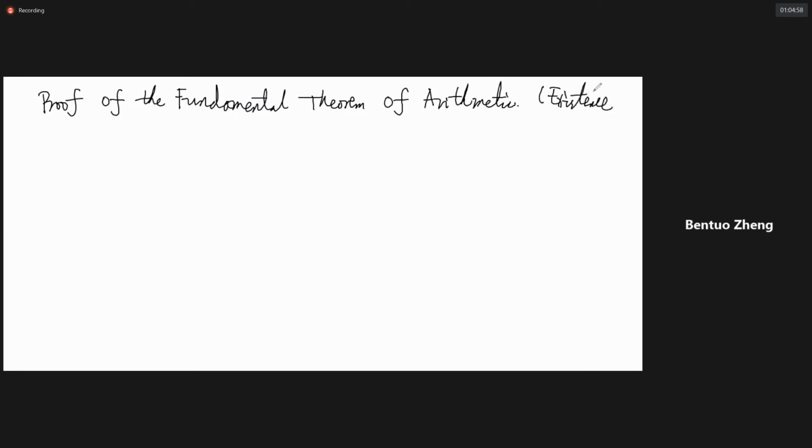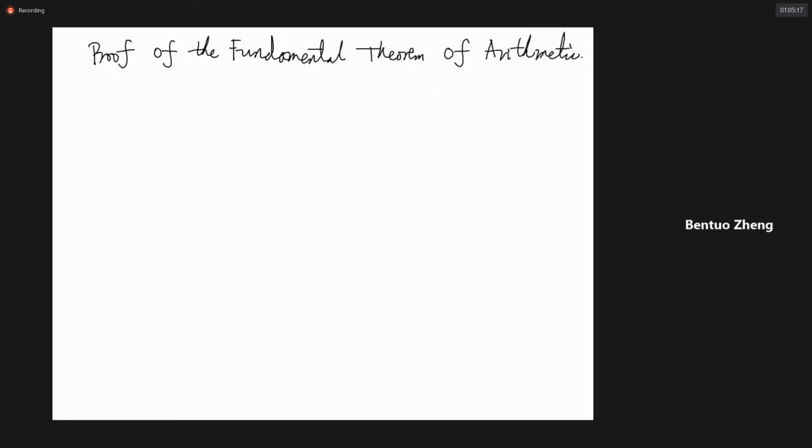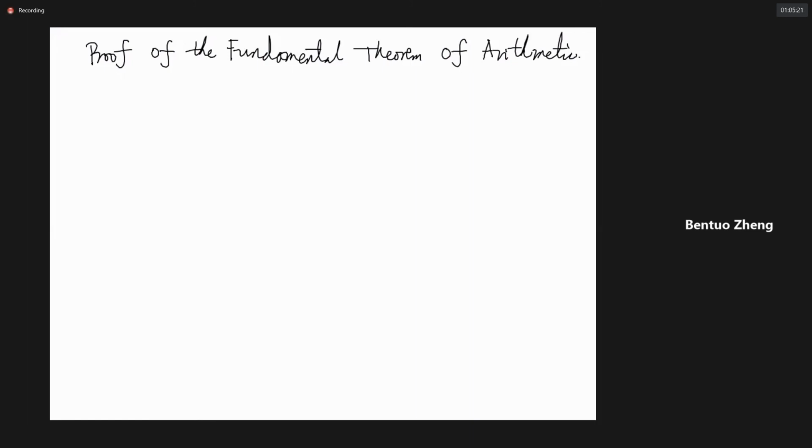So we want to show there exists a prime factorization. After we show the existence, then we show the uniqueness. So if you rearrange the factors in increasing order, then the factorization is unique. Okay, so how to prove the existence? We are going to use the previous lemma.